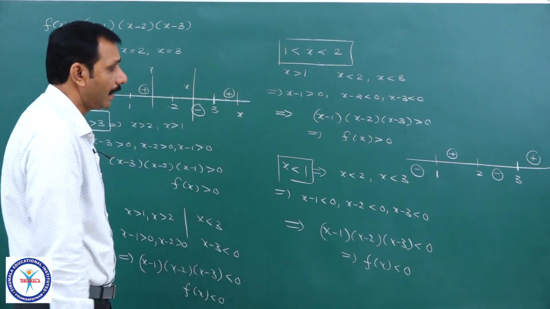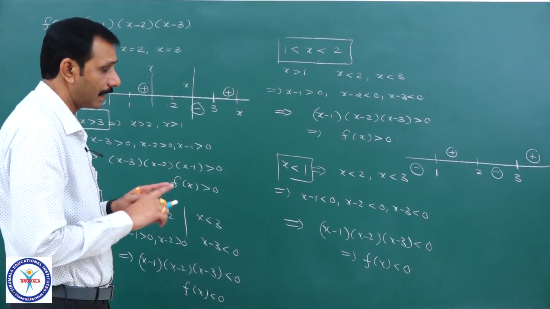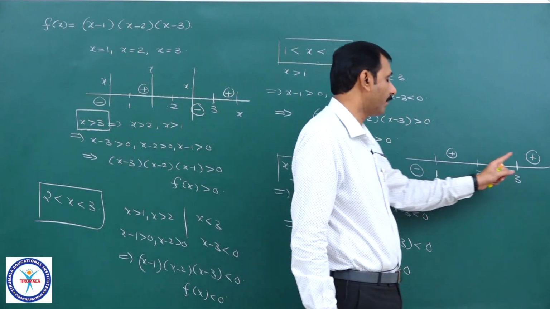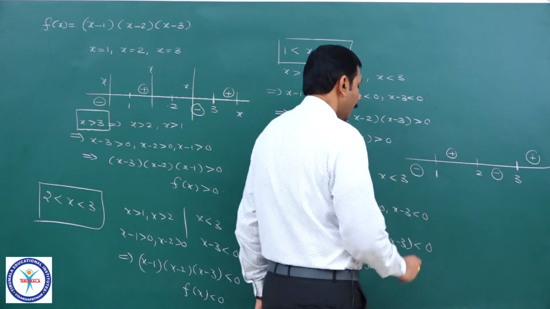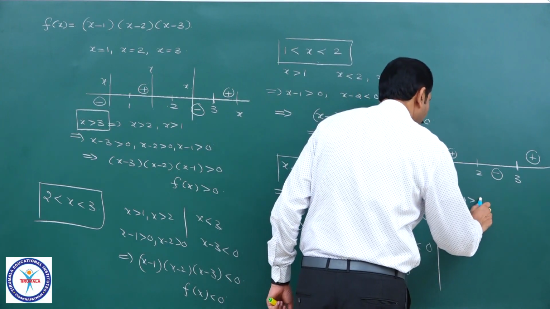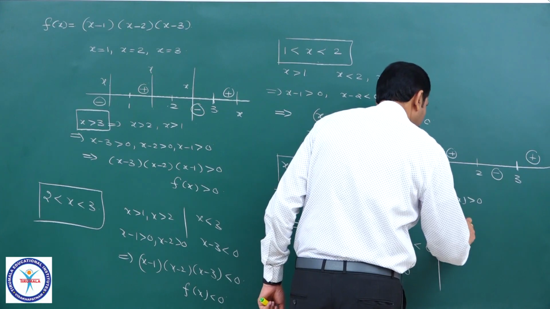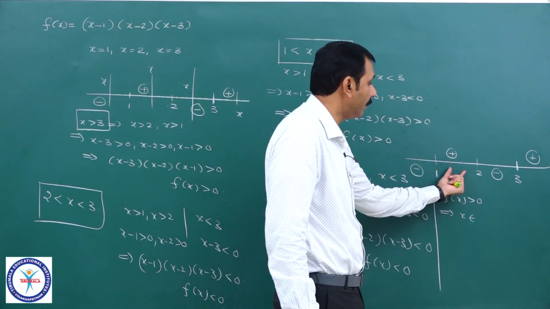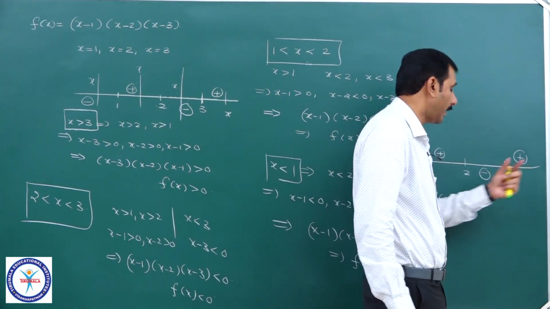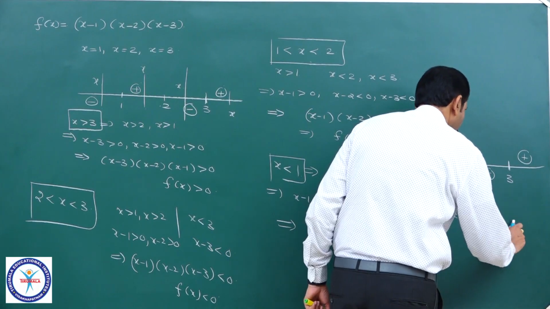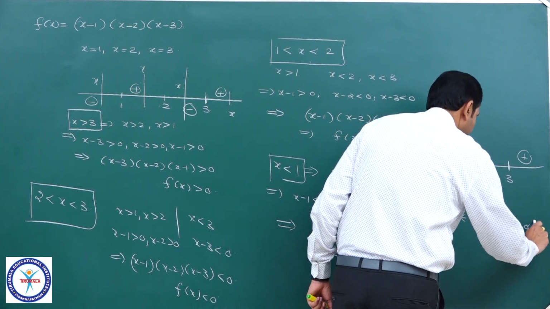Therefore, finally, if I want to write collectively the values of x for which it is positive and for which it is negative. Therefore, f of x greater than 0 implies x belongs to 1 comma 2 union 3 comma infinity.